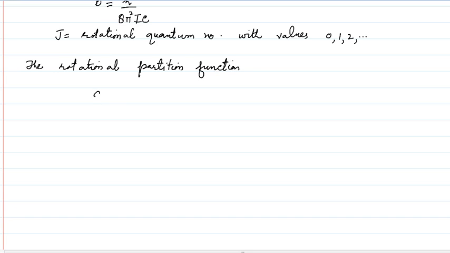That means write this Q R as rotational partition function.